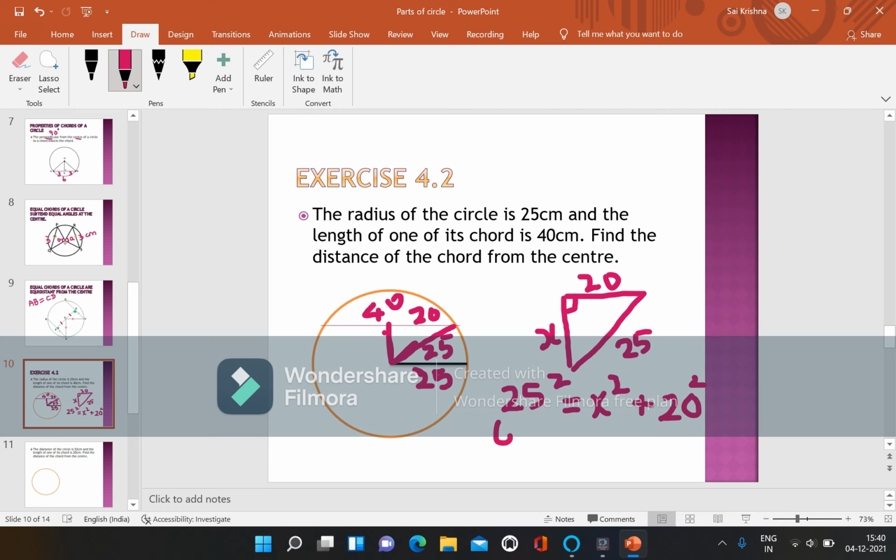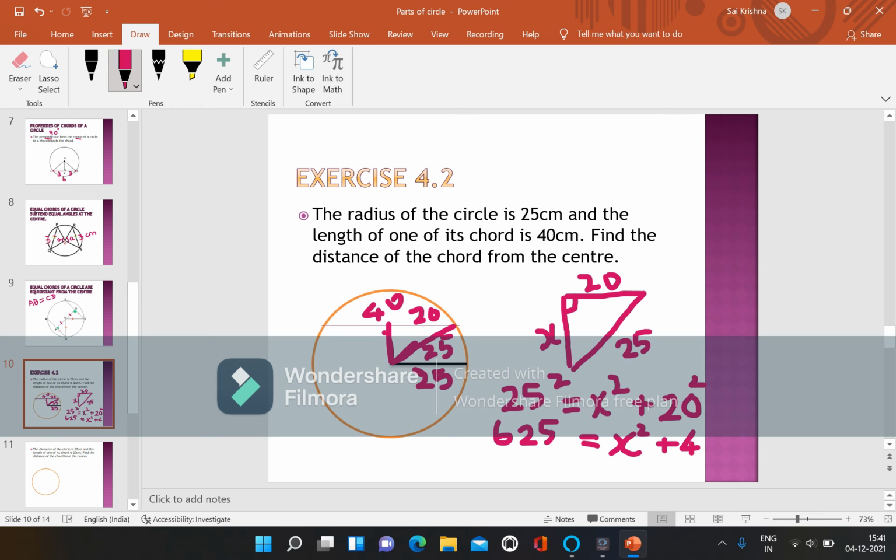25 square is 625, which is equal to x square plus 20 square, which is 400. So 625 is equal to x square plus 400.